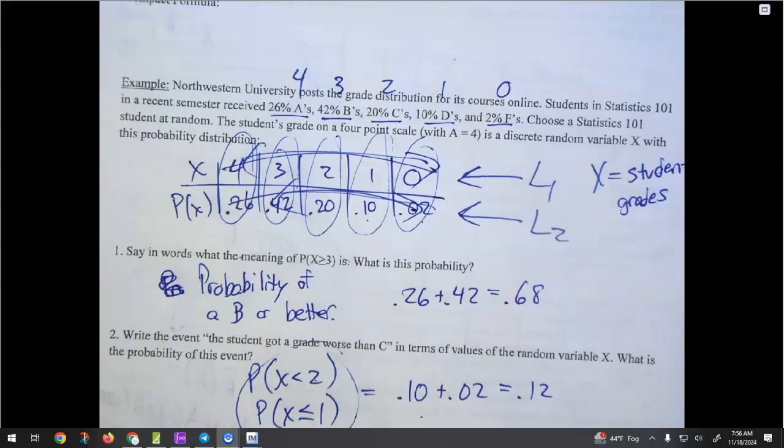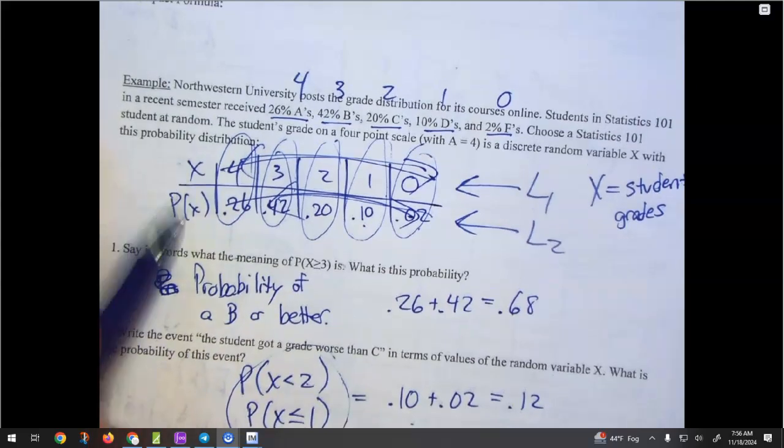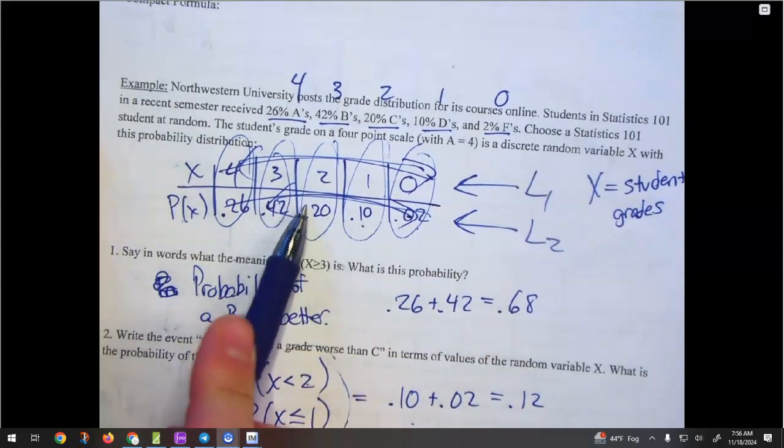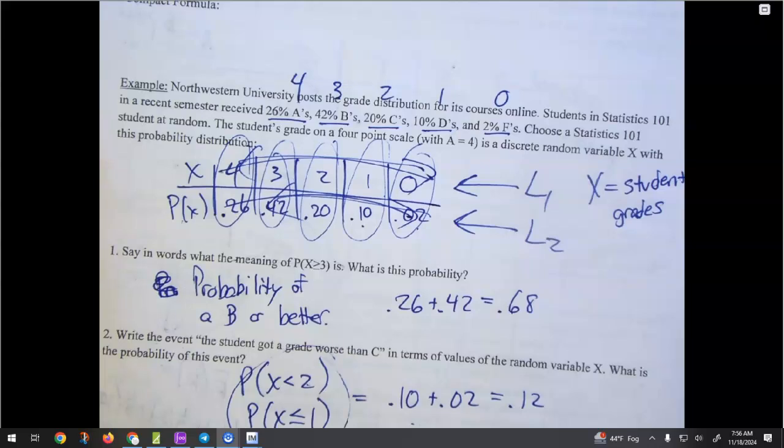How many variables are in this problem? It's tempting to say two. I think you're all going to say it. I think it's tempting to say two because you see two rows of data, but there's only one. This is the student grades. This is just the probability of getting that student grade. So the entire thing is about a student grade. There's one variable known as student grade.